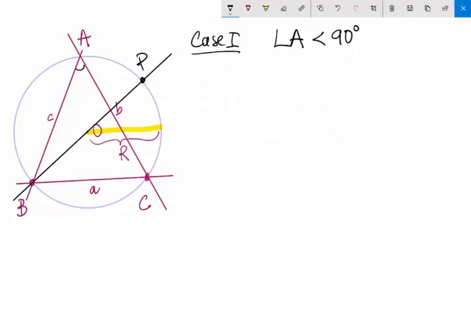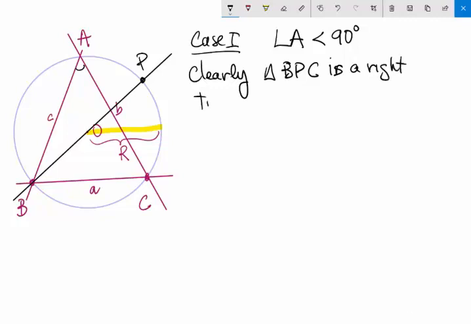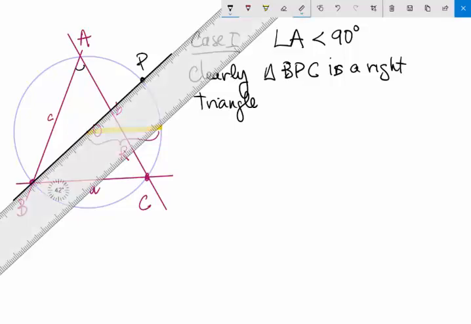For our first case, we'll assume that the angle at A is less than 90 degrees. So clearly the triangle BPC is a right triangle. Let's see here.